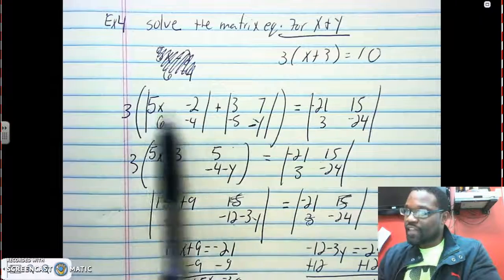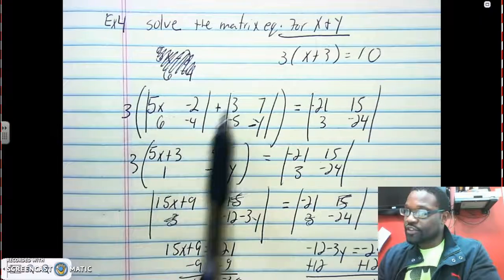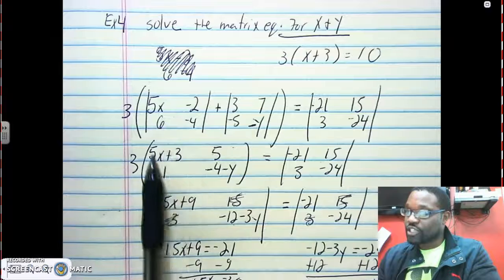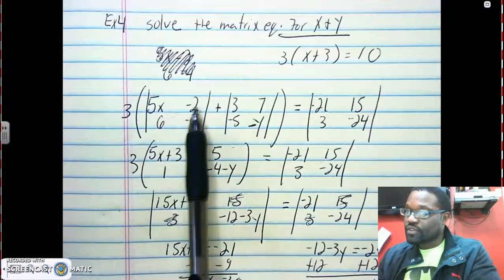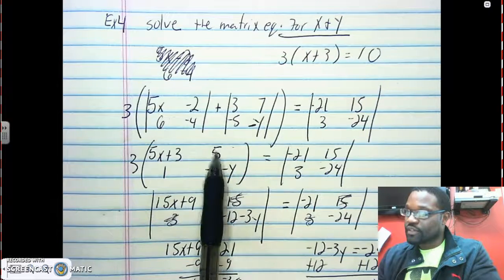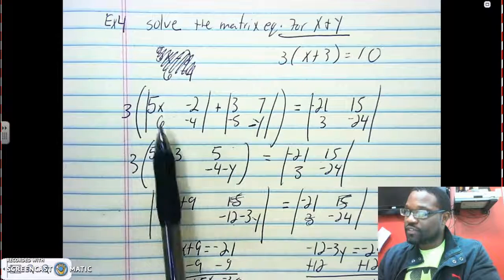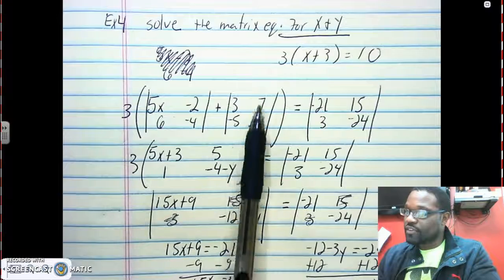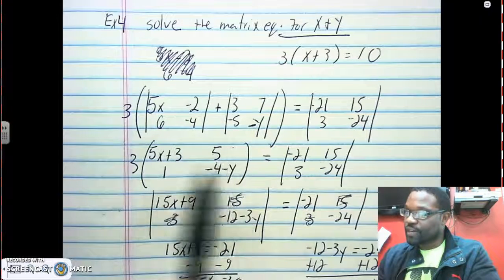I add these together, and when you do that, you can't add 5x and 3 and get 8x or something. They're not like terms, so you just have to write it out. Negative 2 and 7. 6 and negative 5. Negative 4 and y. So now these two added together equal this right here.